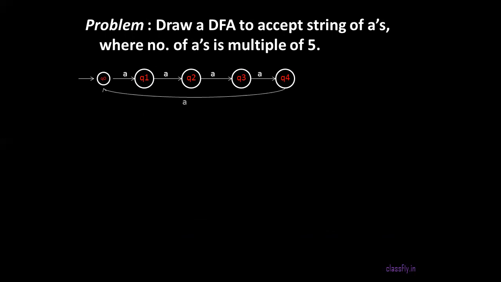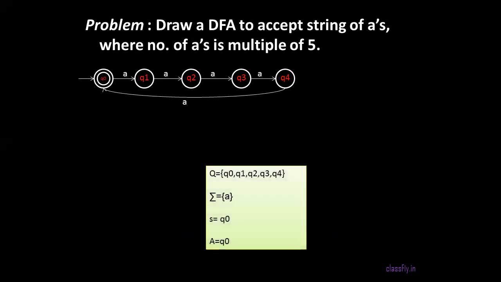Here are the transitions with the respective states. Q0 acts as both the start state and the final state in this problem. Q0, Q1, Q2, Q3, Q4 are the states. A is the only input. Q0 is both the start state and the final state.